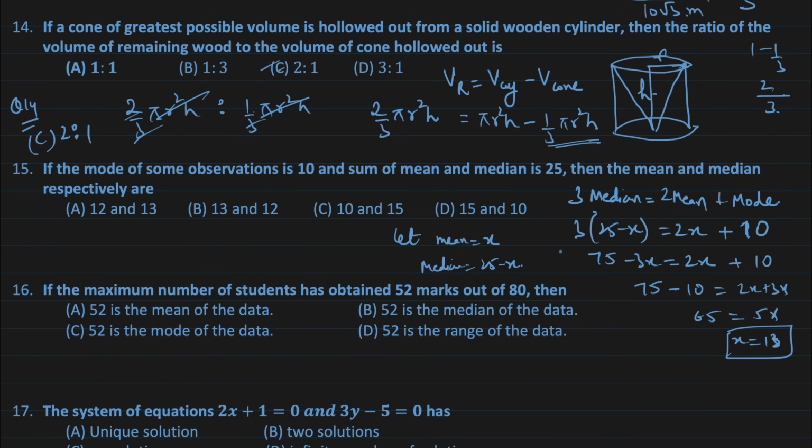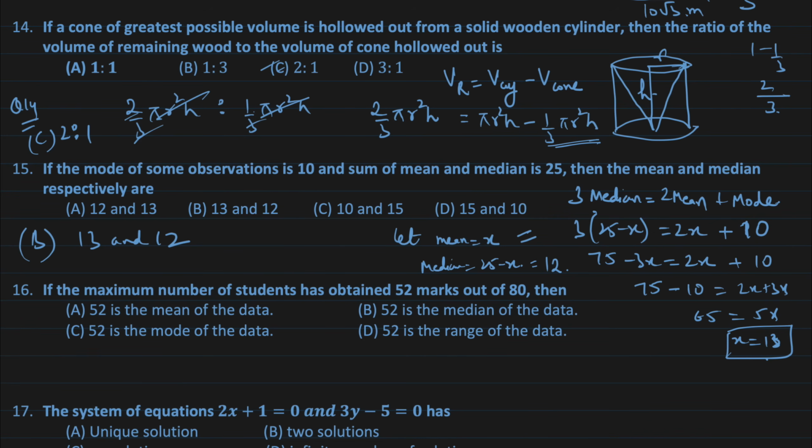What did we assume x as? Mean. So that comes out to be 13. And the median will then be 25 minus 13, 12, right? So option B is our answer, 13 and 12. We assumed the mean as x, so it came out to be 13. Hope it's clear, students, right?